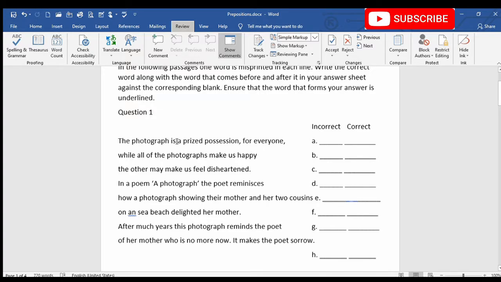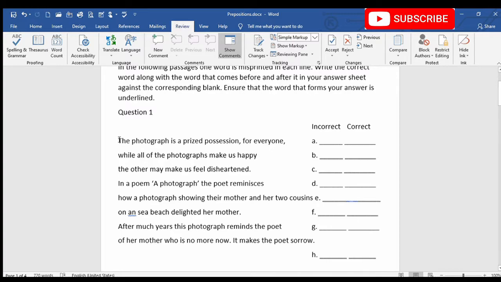Then the verb here is "is". It is also correct. Then where does the mistake lie? The mistake that lies is in the article or determiner, "the". The moment I say "the photograph", that means I'm speaking of a particular photograph. So here lies the mistake. So this "the" will become "a".